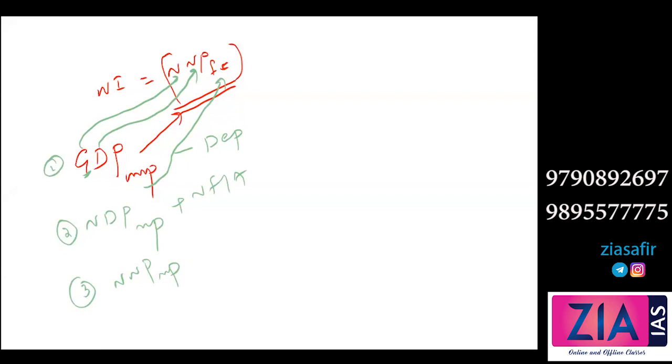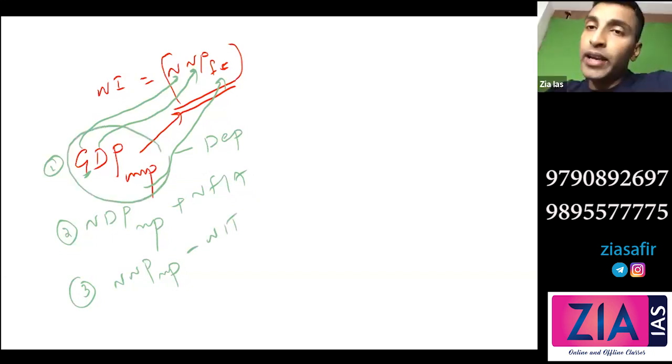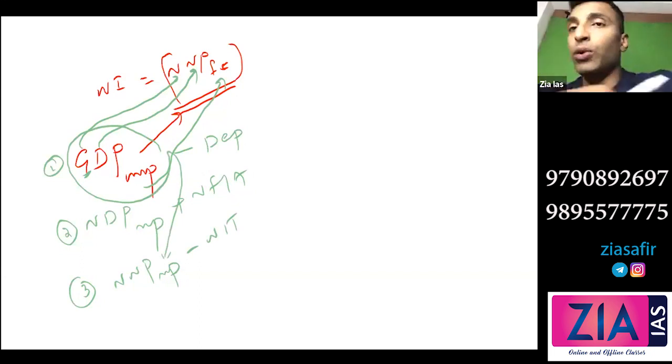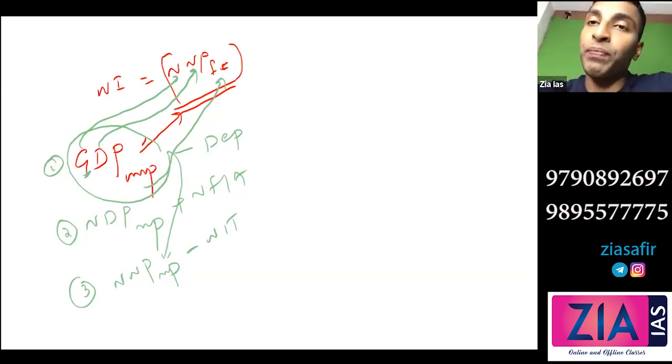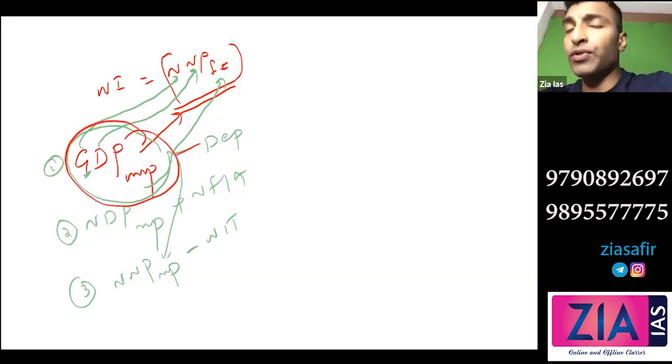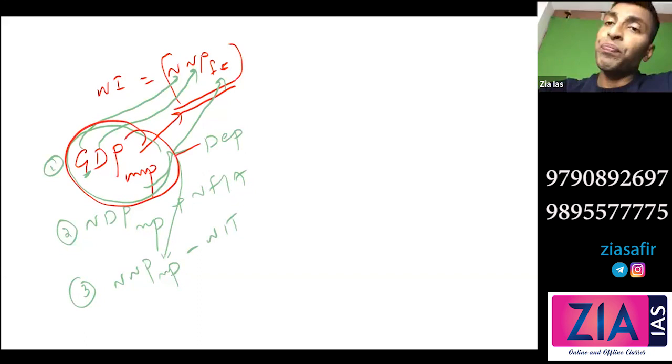So what I want to tell you is, if you know GDP at market price, you can get national income through this process. We will discuss the measurement of national income, then I will tell you how to measure this part. Then everything else you can do using these calculations. That's what we are going to do after some time.